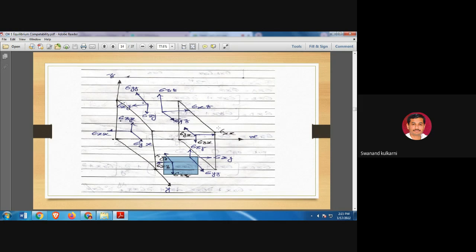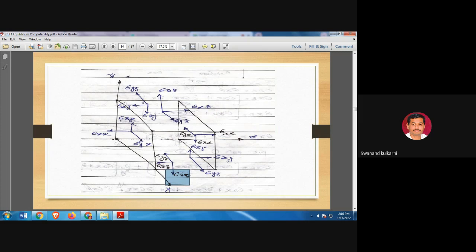This one is the positive x-axis, this one is the negative x-axis. Vertically, this is the positive z-axis and the negative z-axis. These stresses shown here are considered direct stresses: positive x, negative x, positive y, negative y, positive z and negative z.